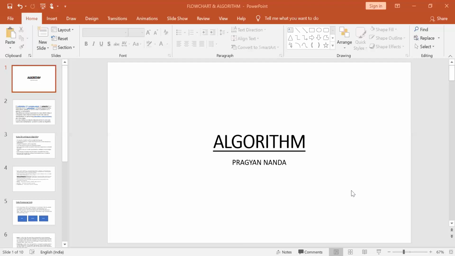The algorithm is again a set of instructions which help you to solve a problem. This is the beginning step of a program. The algorithm we have to write on paper manually. We do not write the algorithm directly in the computer.